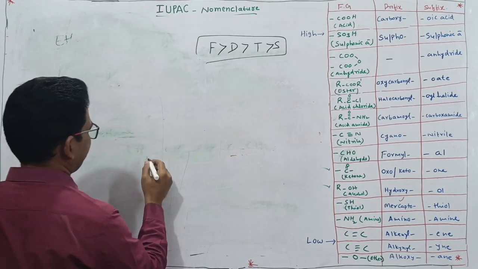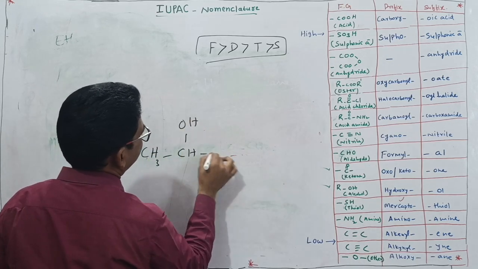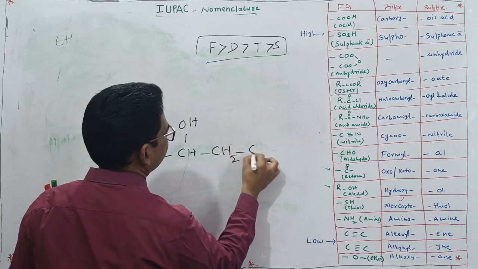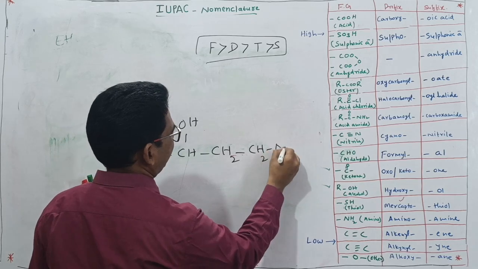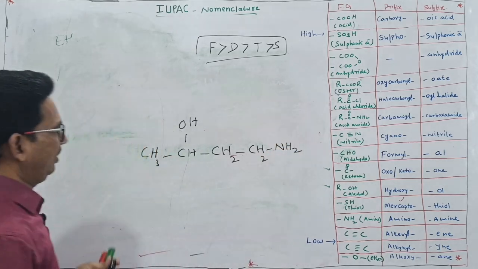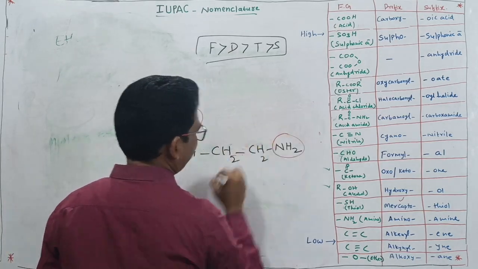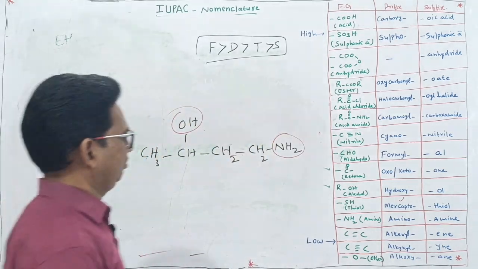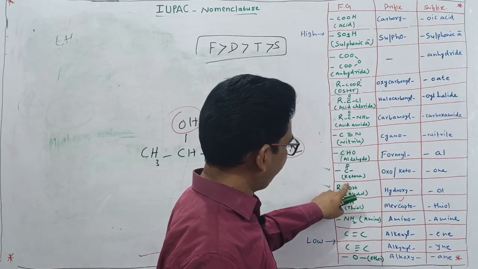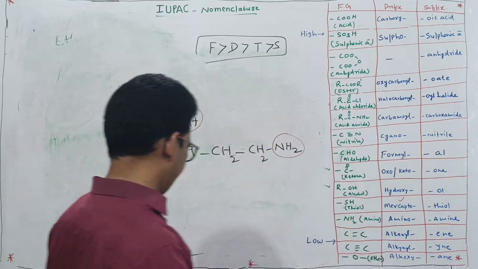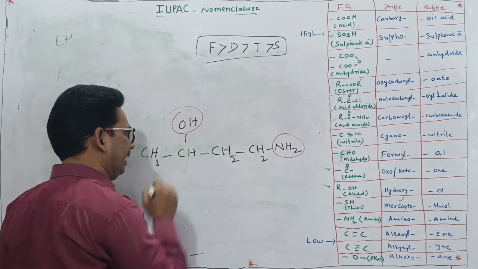Now I will give one more example for practice. What is that? Just see. Amine group is also there, hydroxy group is also there. Which one is more prior? Hydroxy is more prior than the amine. Then we have to start the numbering from this hydroxy.